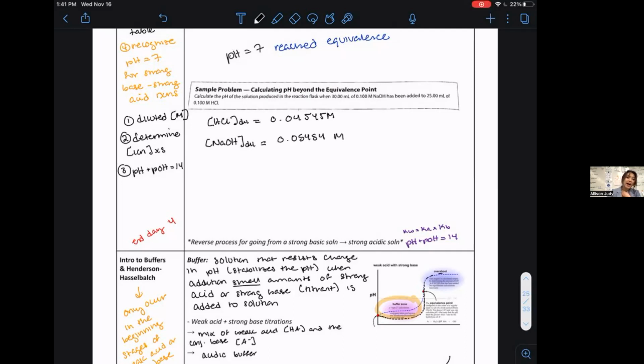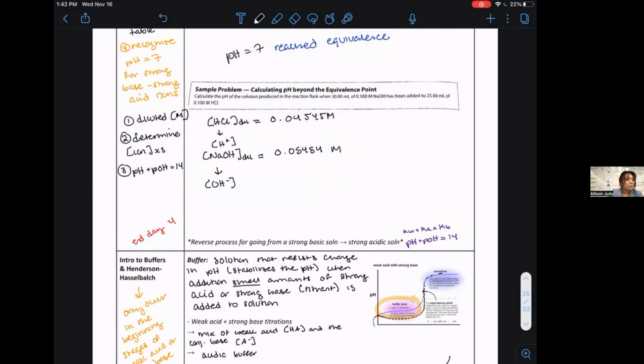And what you find then is that because NaOH produces a 1-to-1 ratio of OH minus, the molarity of the NaOH is the molarity of the base. So this is equivalent to the base. And that HCl is equivalent to the H plus because it is a 1-to-1 ratio of ion production. It is equivalent to H plus.